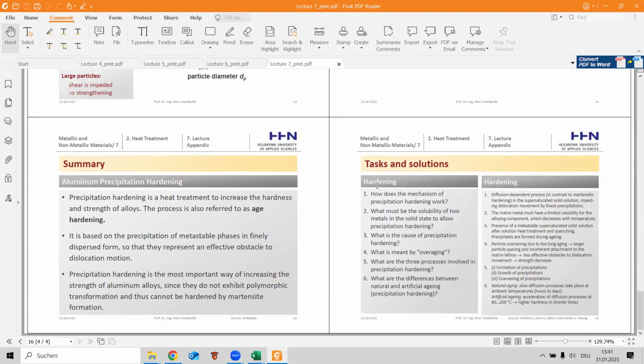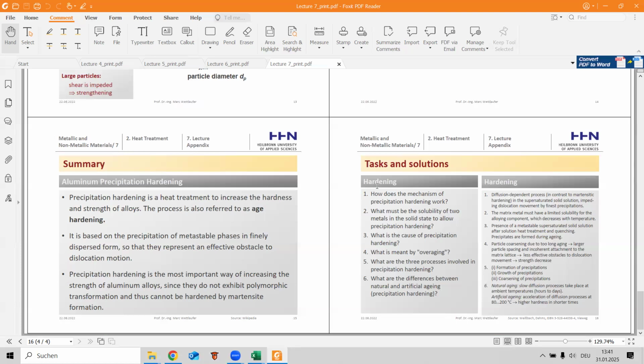What must be the solubility of two metals in the solid state to allow precipitation hardening? The matrix metal must have a limited solubility for the alloying component, which decreases with temperature. What is the cause of precipitation hardening? Presence of a metastable supersaturated solid solution from solution heat treatment and quenching.